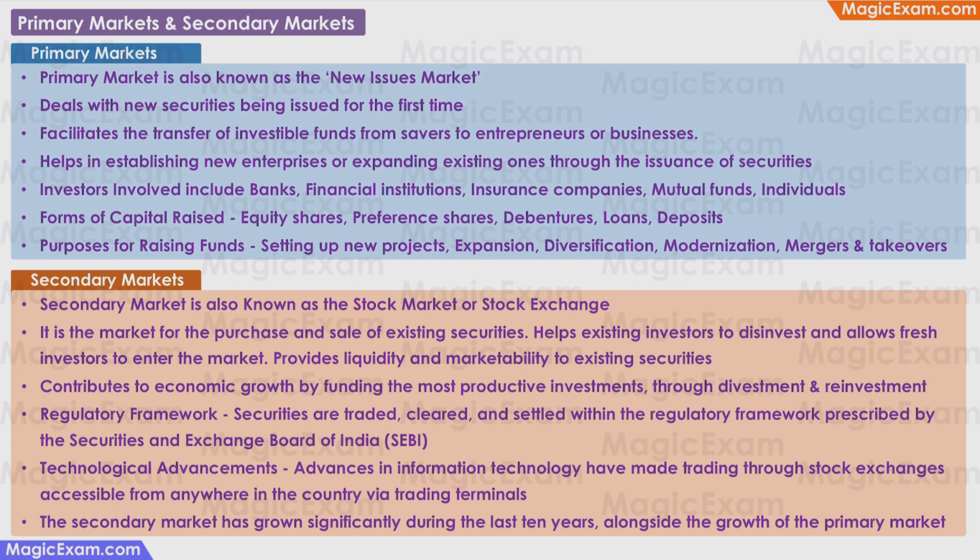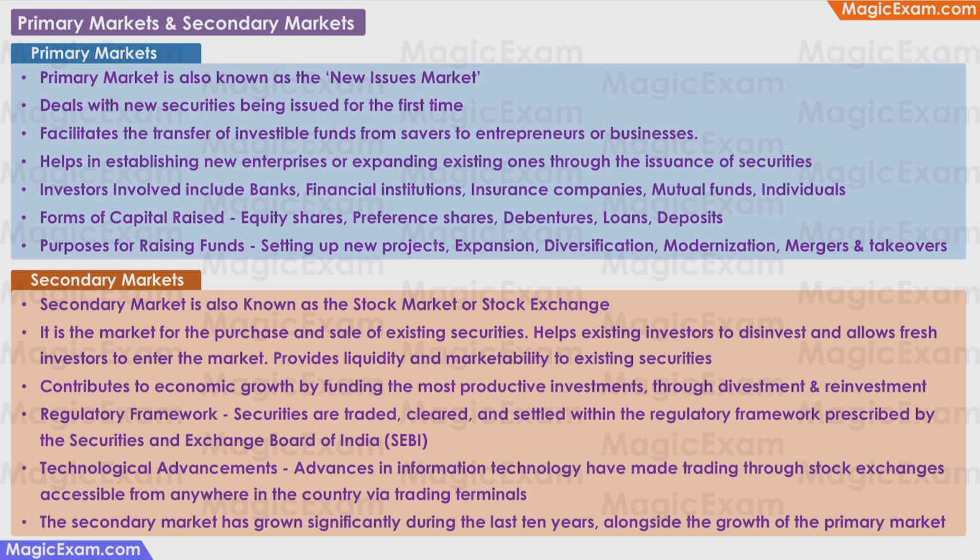So the secondary market enables the sale and subsequent purchase of shares and securities, all within the regulatory framework provided by SEBI. Additionally, advancements in information technology and internet have made stock exchanges accessible from anywhere in the country, enabling people from across India to participate in economic activities.